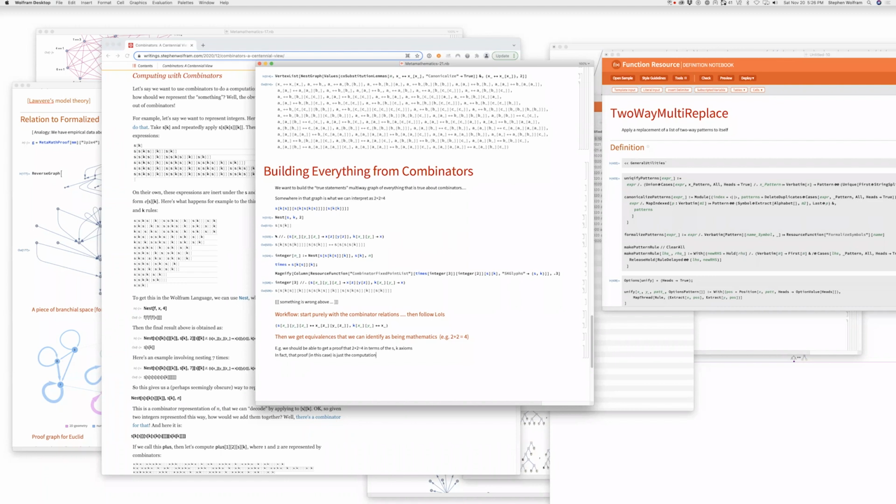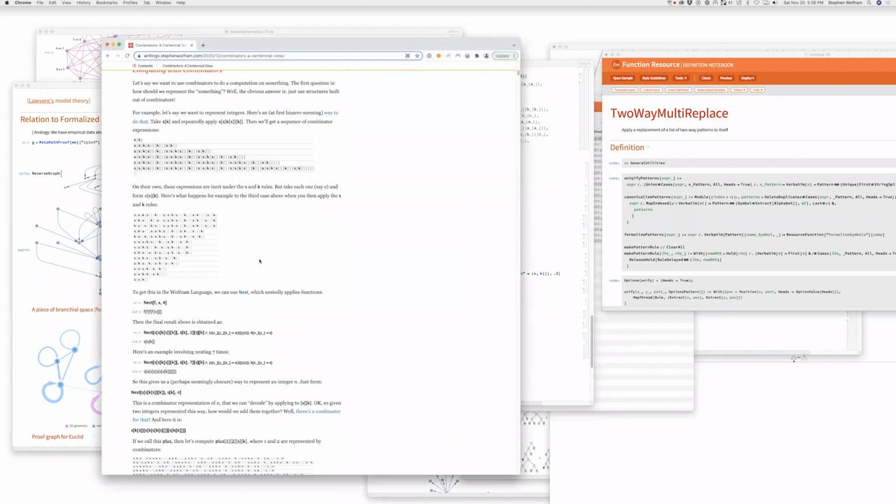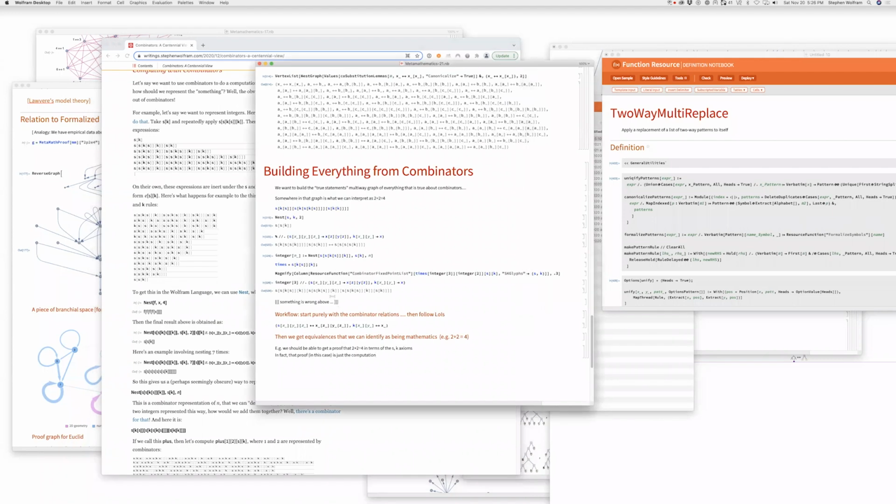Okay, well, let's just write this out. So where's plus? Proof is always a computation, right?